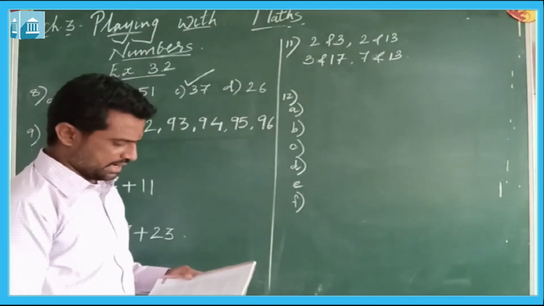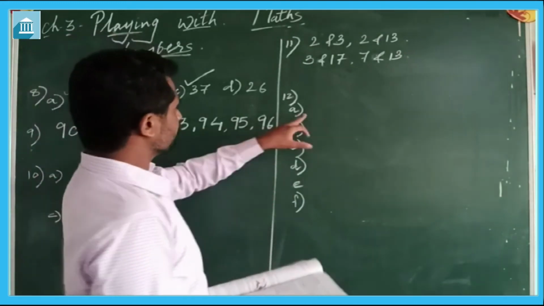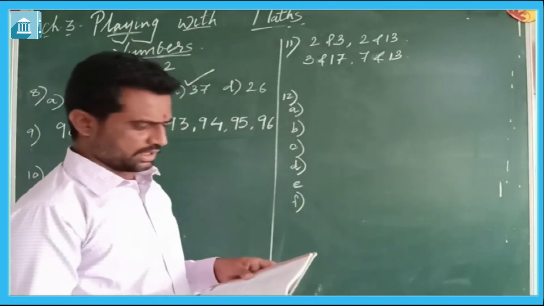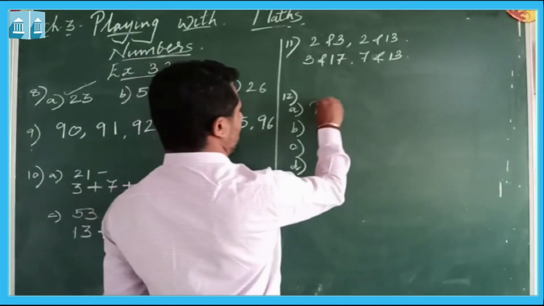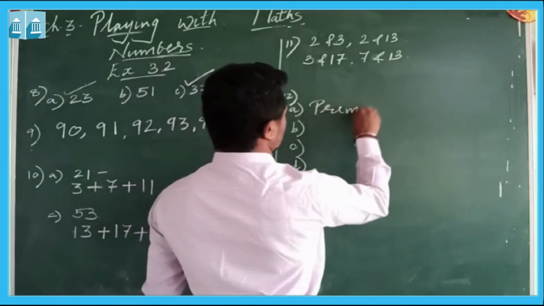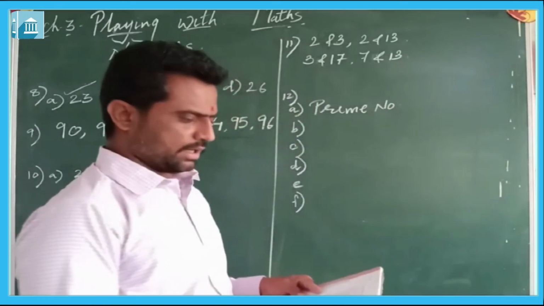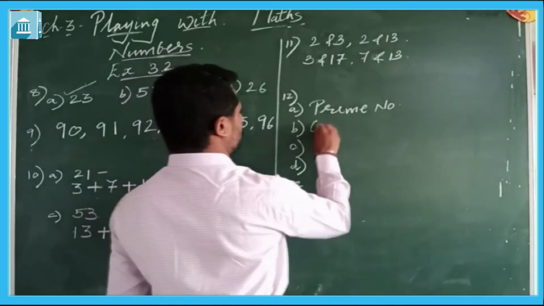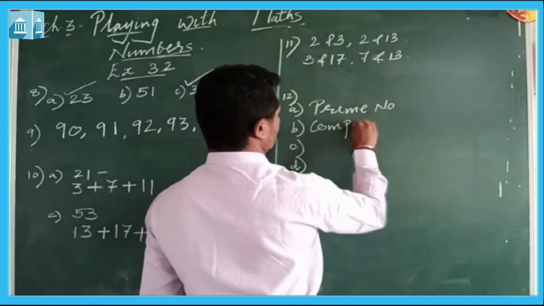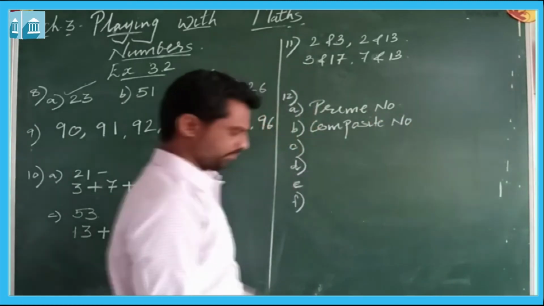Now question number 12 is fill in the blanks. First one is, the number which has only 2 factors is called a prime number. B is, the number which has more than 2 factors is called a composite number.